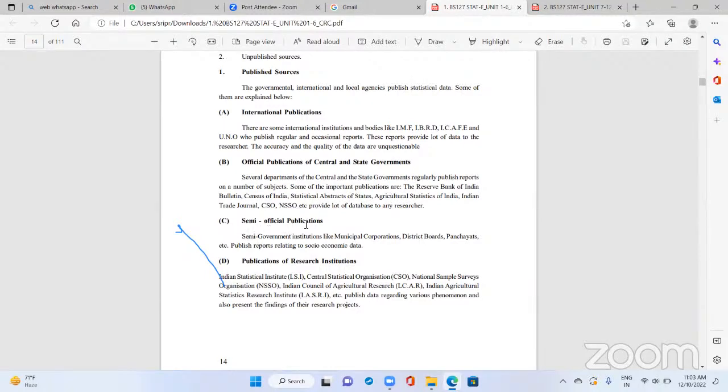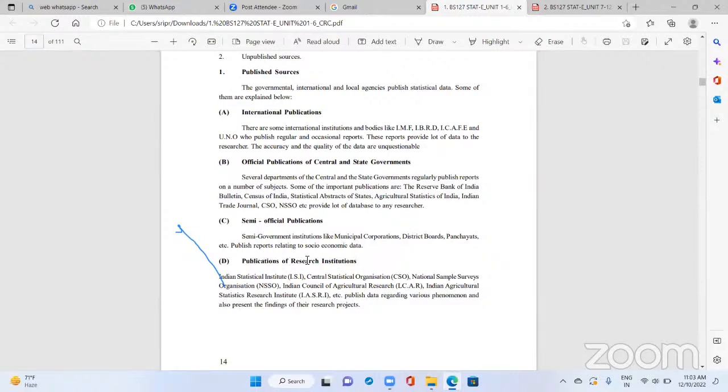Number three is semi-official publications. Semi-government institutions like municipal corporations, road transport corporations, district boards, panchayats, etc. publish reports relating to socio-economic data.